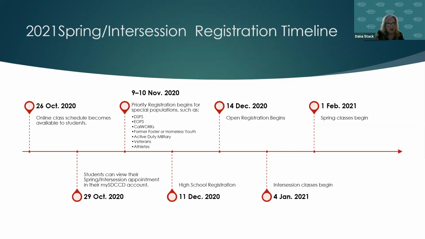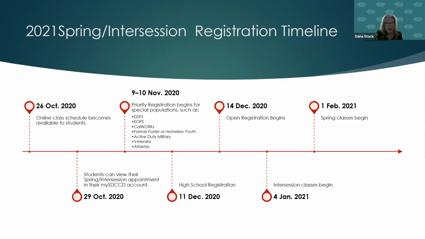Those are DSPS, EOPS, CalWORKs, former foster or homeless youth, active duty military, veterans, and athletes. And Kirk will go over those priority groups in the next slides.